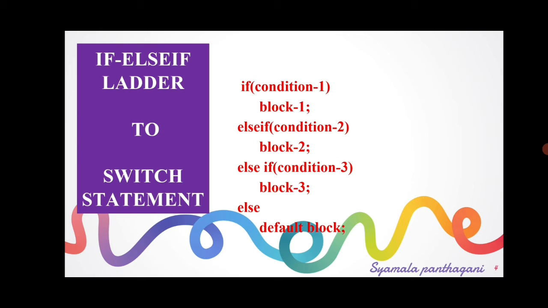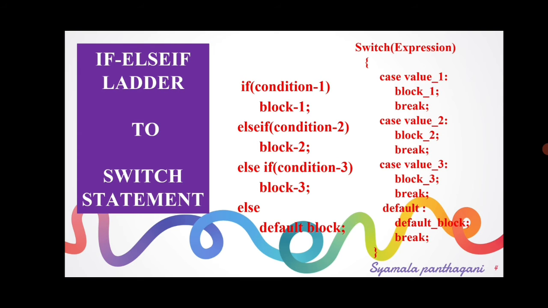How we will convert this one? First, write the condition. In the switch, we are going to write the expression, that is the conditional variable which we are using in the condition. We are writing that conditional variable in the expression, and value 1 is there, no?